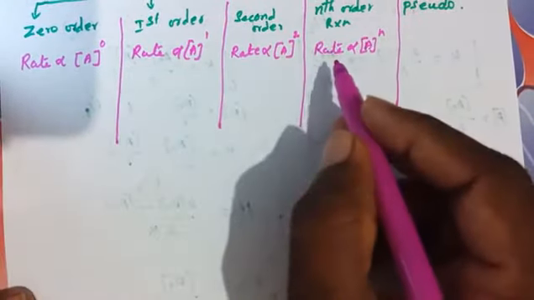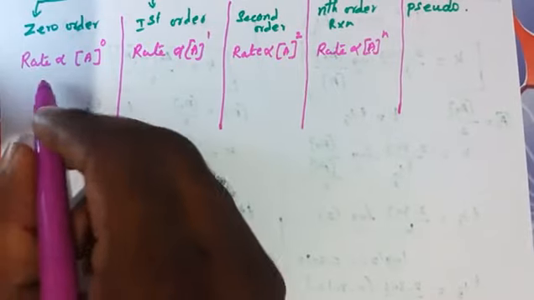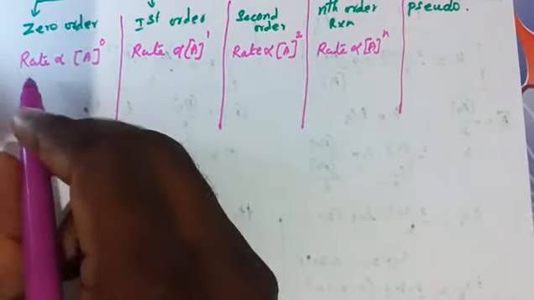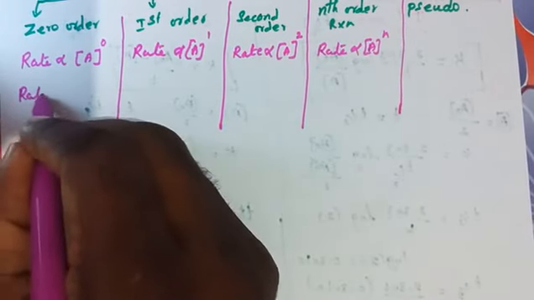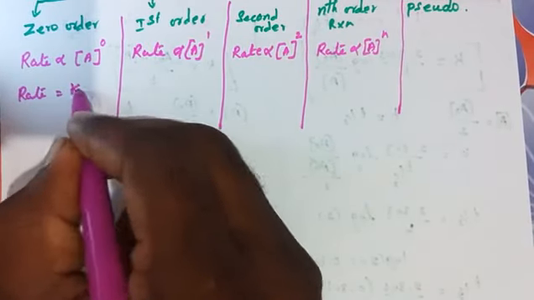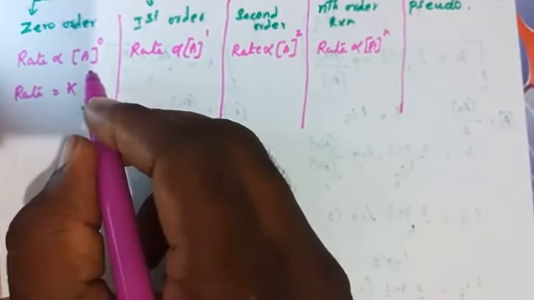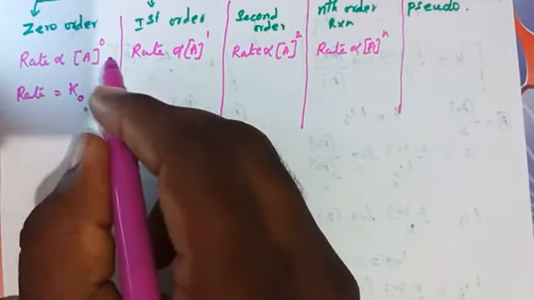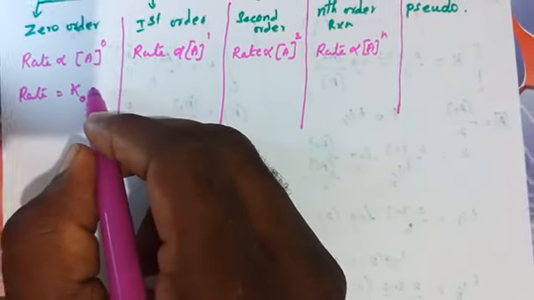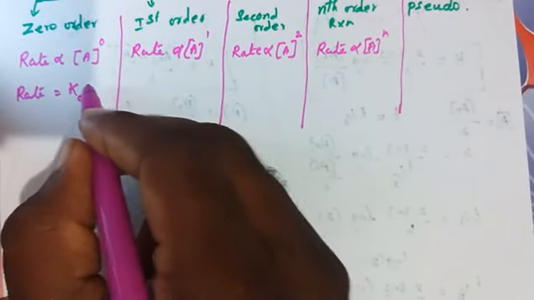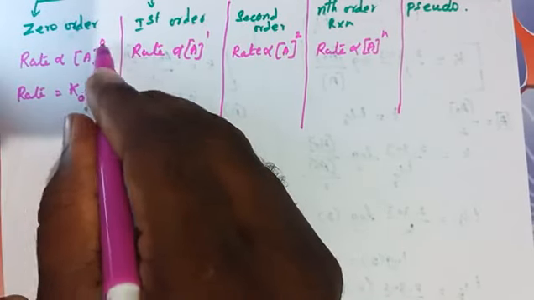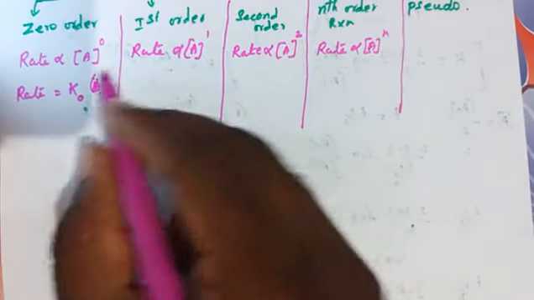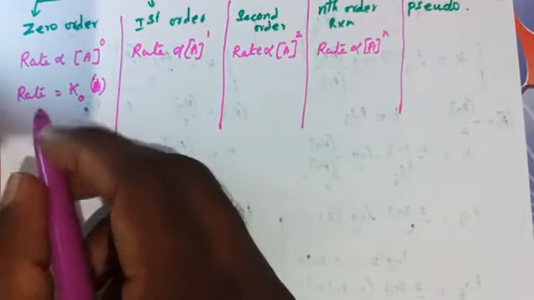In all the rate reactions, the proportionality can be replaced by using a constant called the rate constant. Rate is equal to k, substituting k in place of the proportionality sign. For zero order, it is the zero order rate constant into A to the power of 0, which is equal to 1, so we do not mention the A concentration.